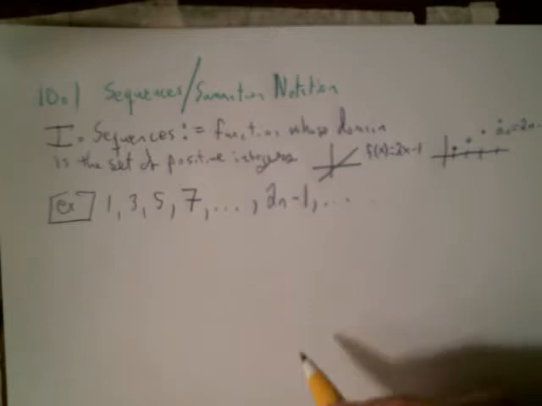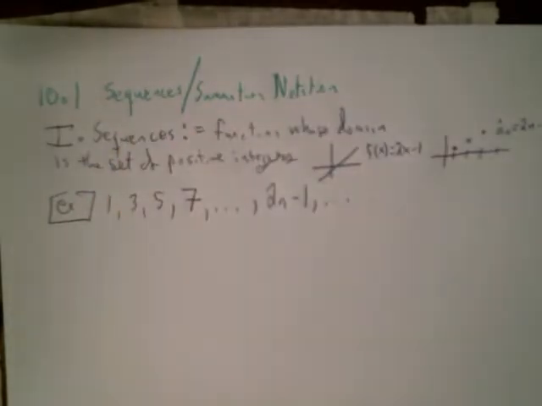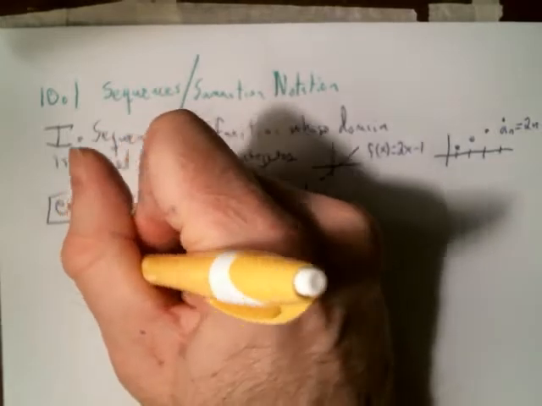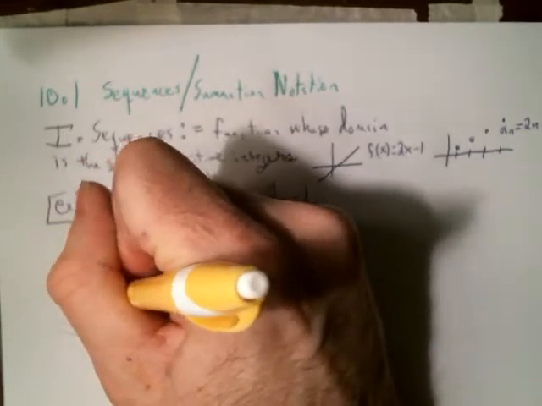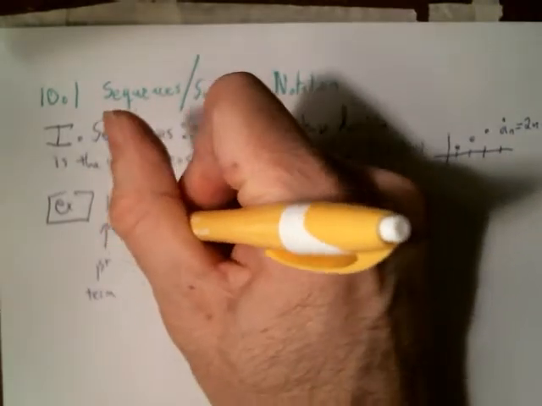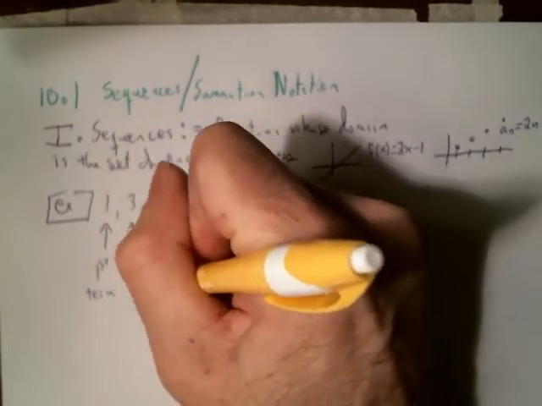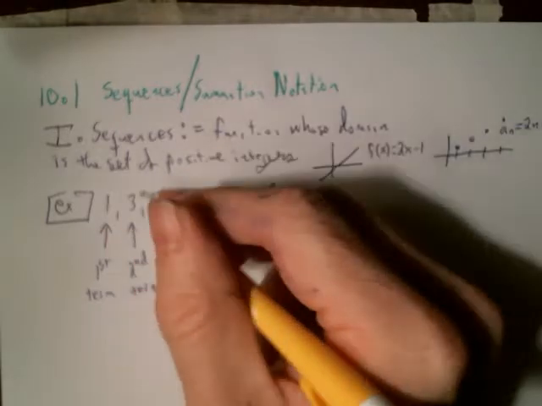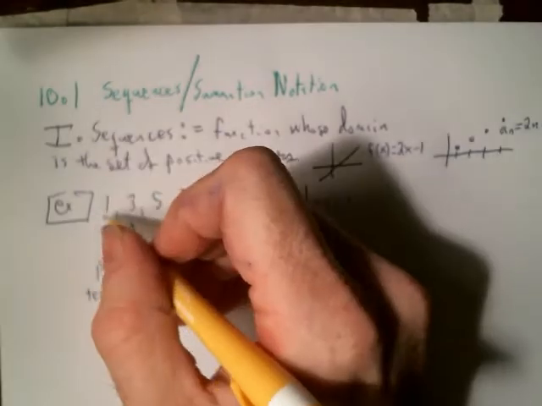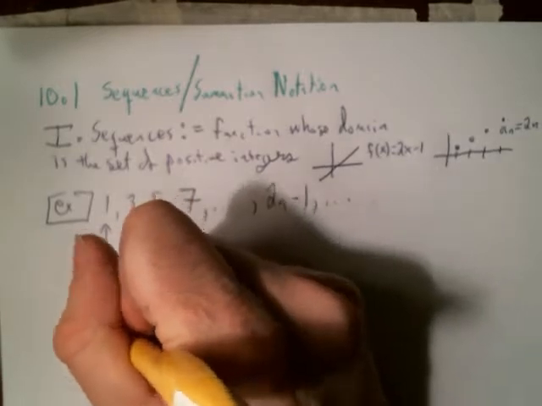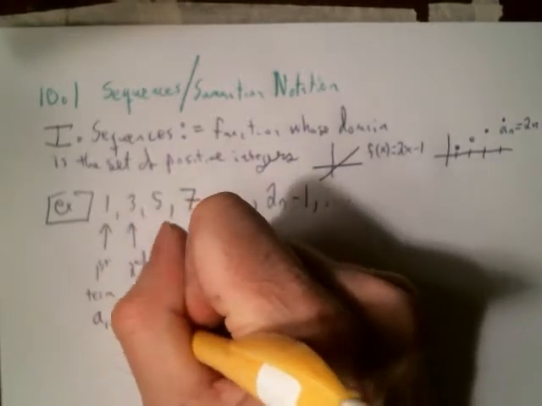So let's dissect this and talk about its pieces. This is the first term. It's the second term, obviously. And we can give these little names. Instead of saying f of 1 and f of 2, we're going to say a sub 1 and a sub 2.